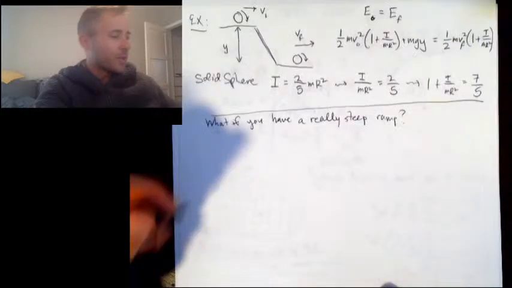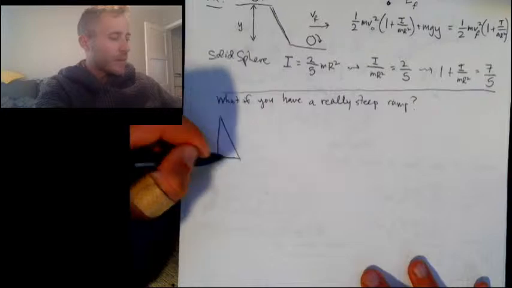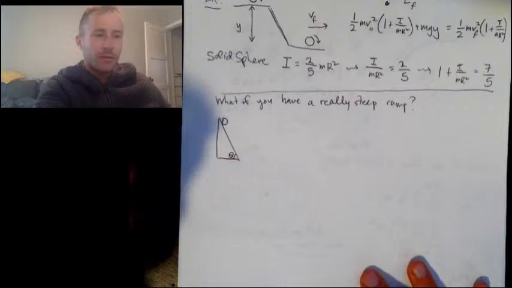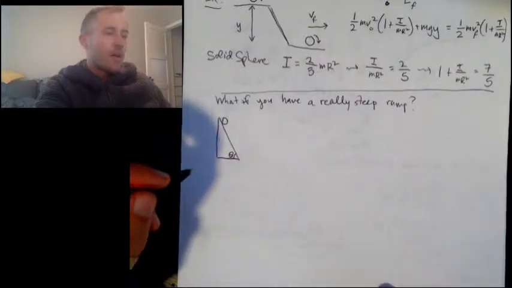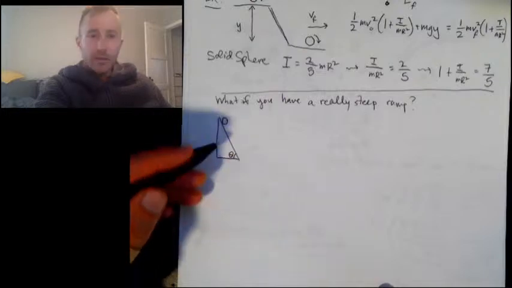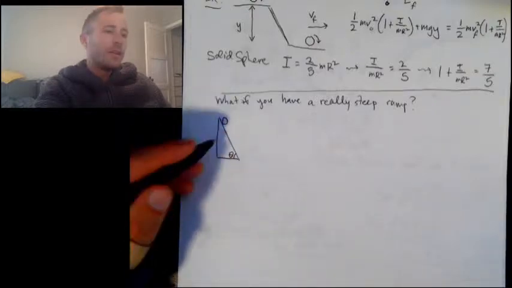So maybe you have something that looks like this. It's super steep, okay? Here's the thing. It's going to roll down, okay? Here's the thing. It might not actually roll, all right? And here's the reason why.